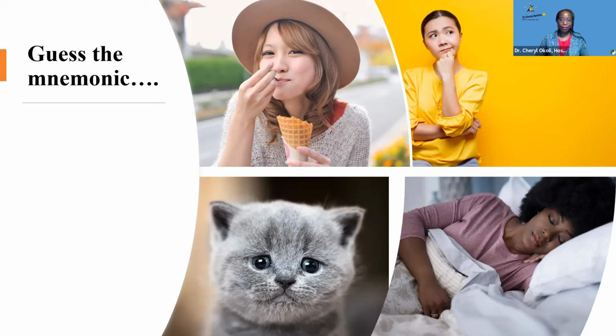Number 2, the lady that's thinking, instead of thinking, write angry. For the kitty cat, instead of sad, write lonely. And for the lady that's sleeping, instead of sleeping, write tired.